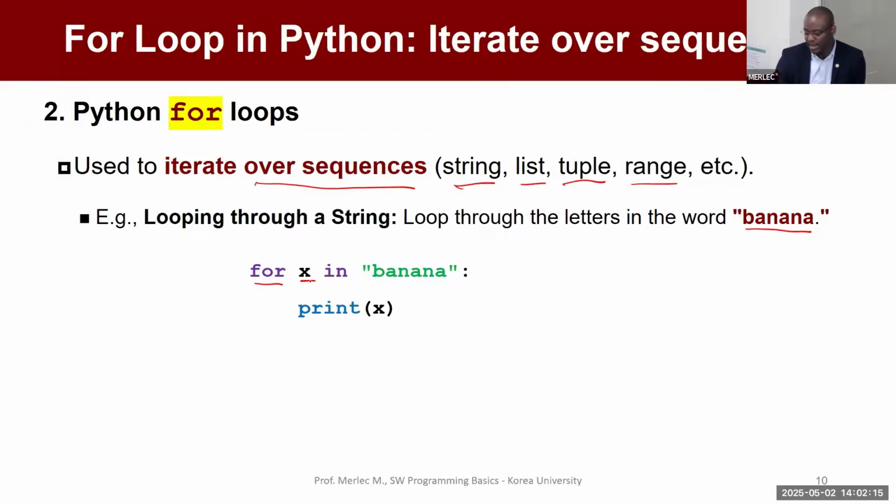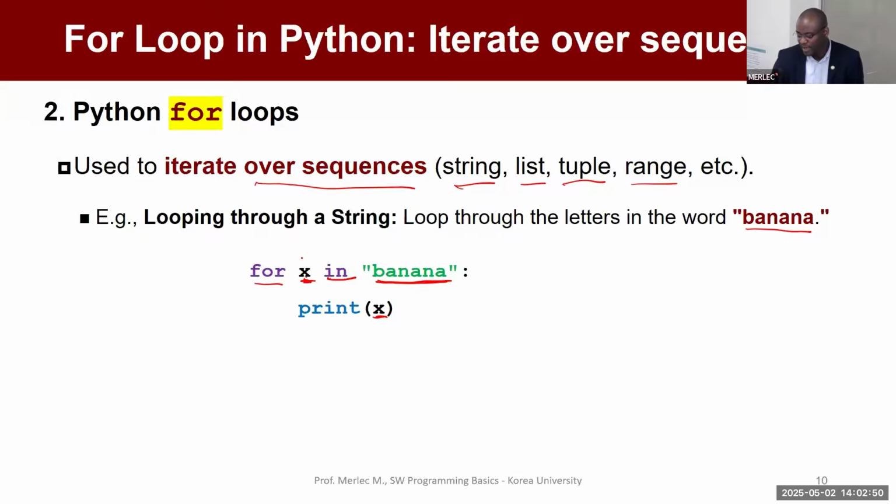And then we have the iterator, which is the variable, in this case named x. We have to specify the domain in which the iterator will be changing for each iteration. So x will be changing within the domain of this sequence of characters, which is a string. And then for each iteration, we print the value of x in that iteration.